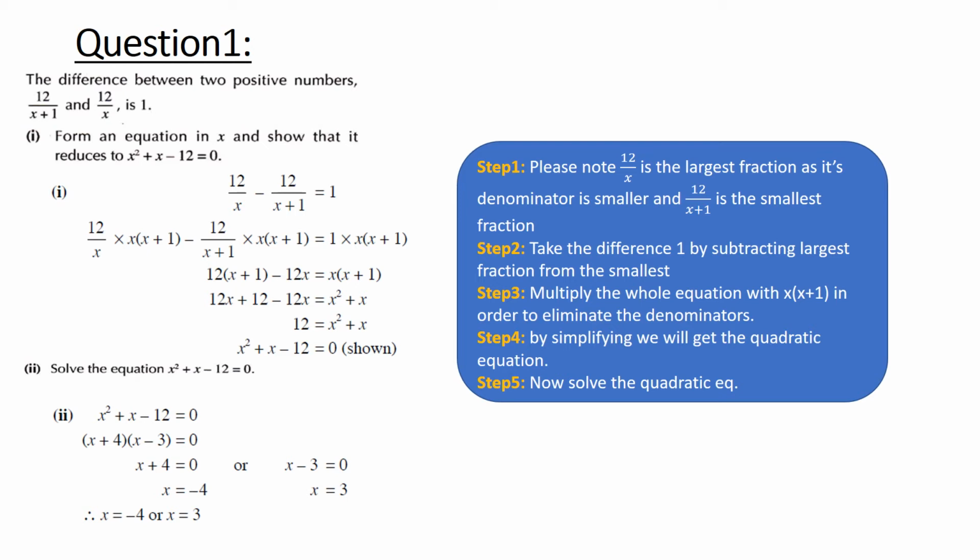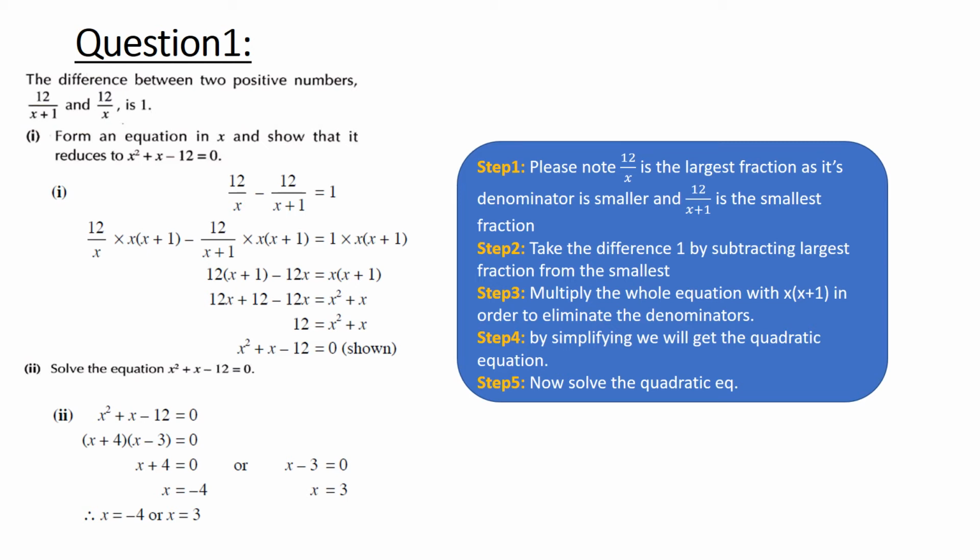So according to the statement, your algebraic statement will become 12 over x minus 12 over x plus 1 equals to 1. Now in the step 2, we need to eliminate the denominators from here. For that very purpose, either we have to take the LCM or we have to multiply with the LCM.